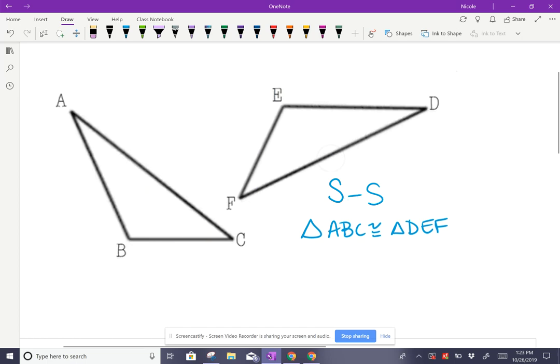All right, so then what if we have angle B congruent to angle E, angle C congruent to angle F, and BC congruent to EF? Well, the things that we have are an angle, a side, and an angle.